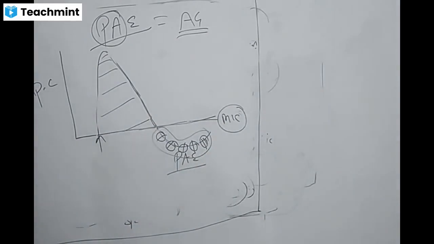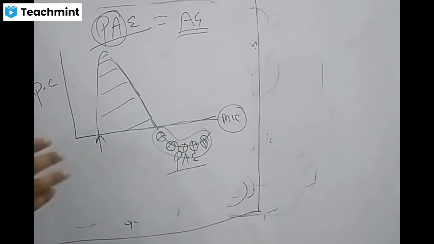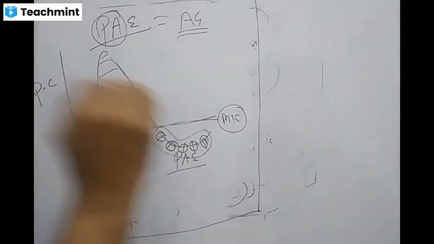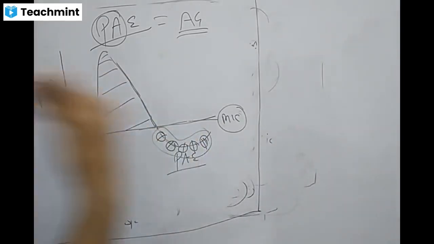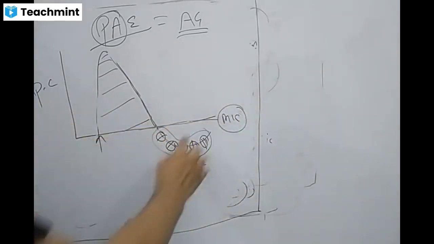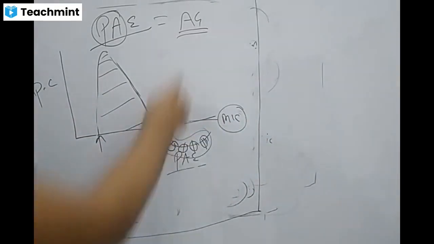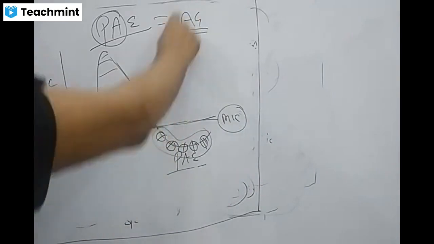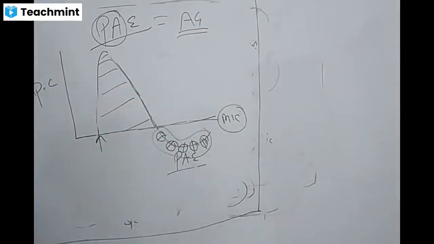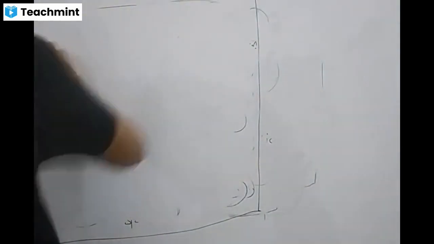That is the post-antibiotic effect: the effect after the antibiotic is cleared from the body or is just below the MIC. The most common example is aminoglycoside. Then there is one more effect we call the biphasic effect.